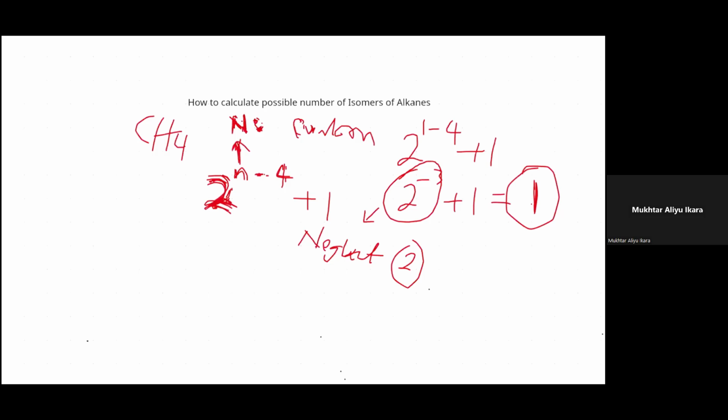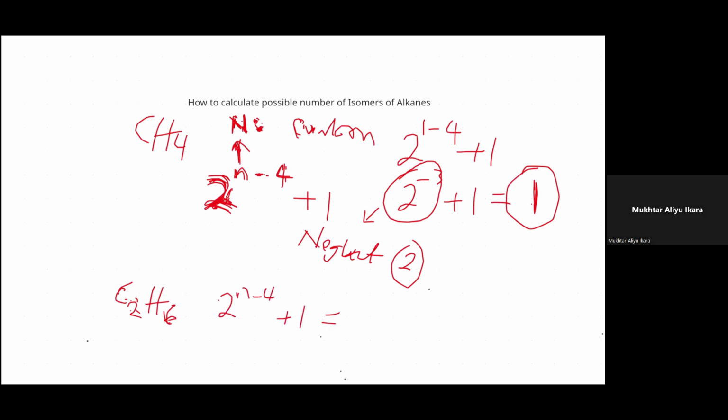Now in the case of ethane, where we have C2H6, we take the same formula, 2 raised to the power of n minus 4, plus 1. The number of carbon here is 2.